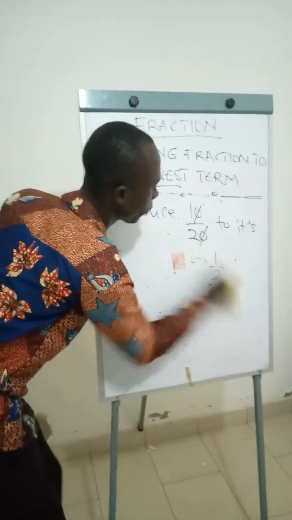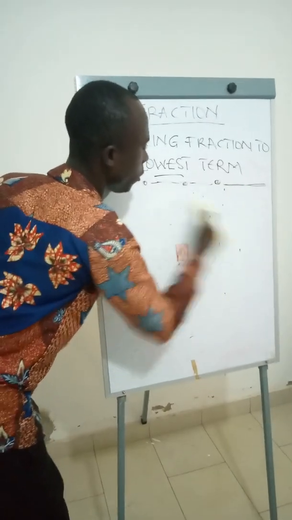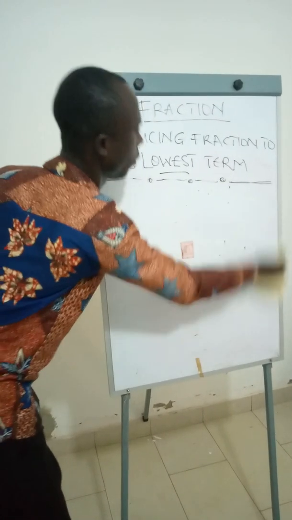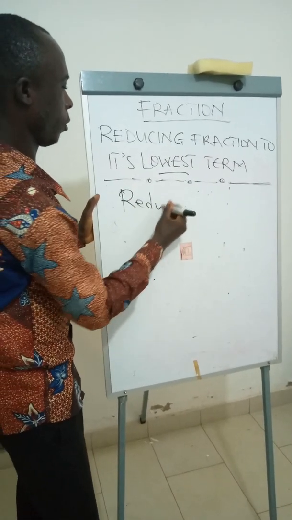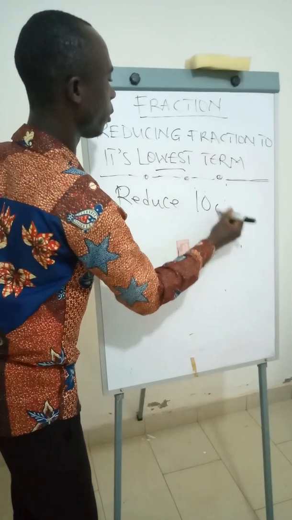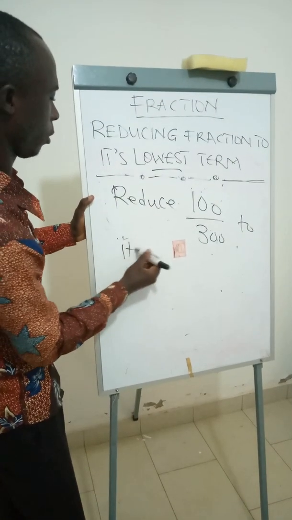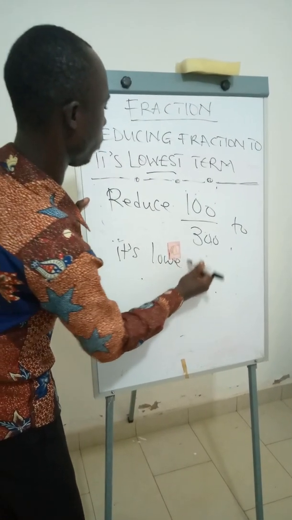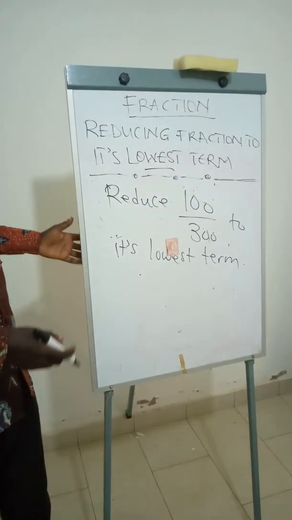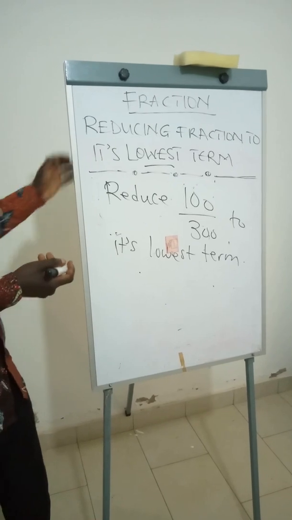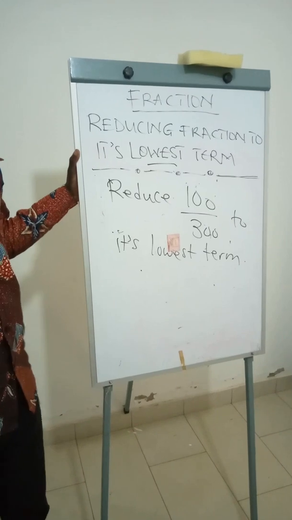Another example. Reduce 100 over 300 to its lowest term. One may ask, this question is too difficult, but it's not difficult. It's the simplest question.